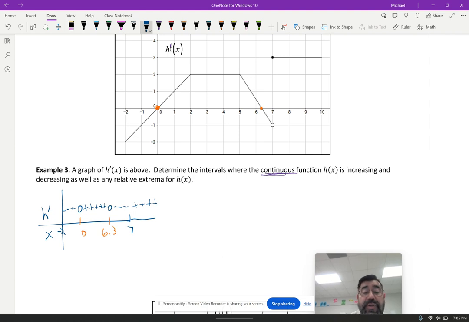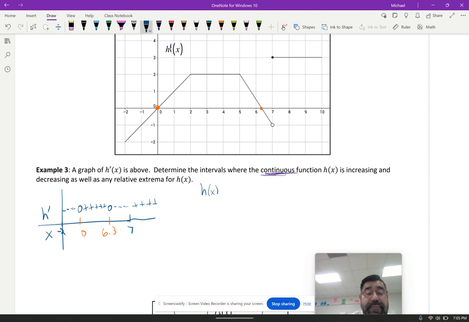Okay. So the question is, where is it increasing, where is it decreasing, and what the heck happens at 7? Does a derivative exist at 7? It does. It's telling me that it is 3, right? But there's also a change in my negative part of the graph to a positive part of the graph without any smooth transition.